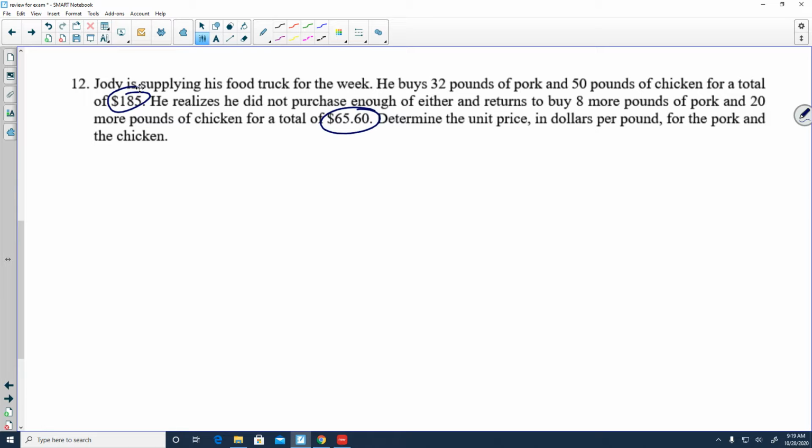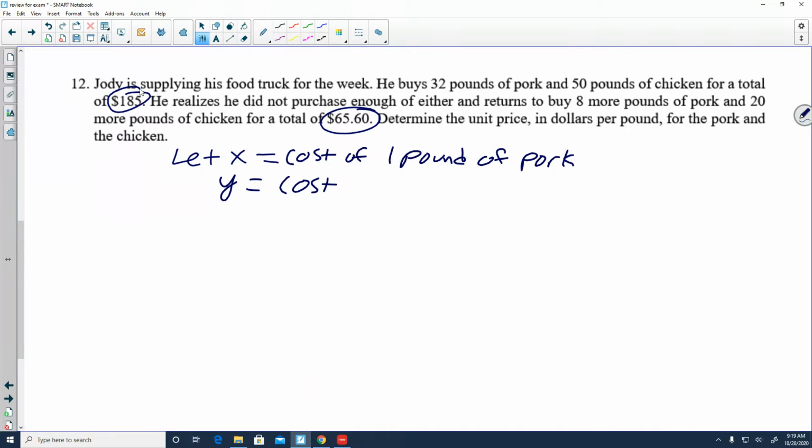Okay, so let's let x equal the unit cost of pork, so the cost of 1 pound of pork, and then let's let y equal the cost of 1 pound of chicken.